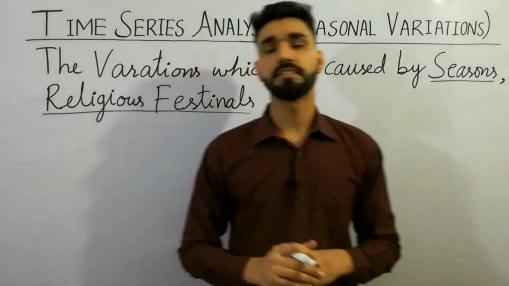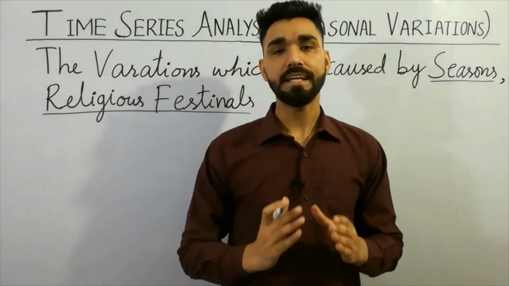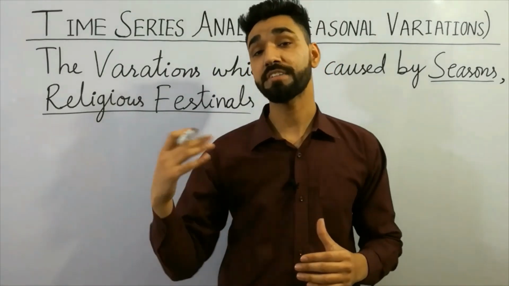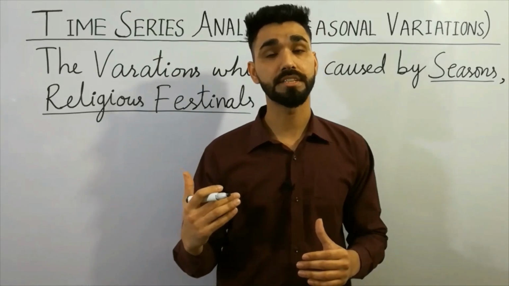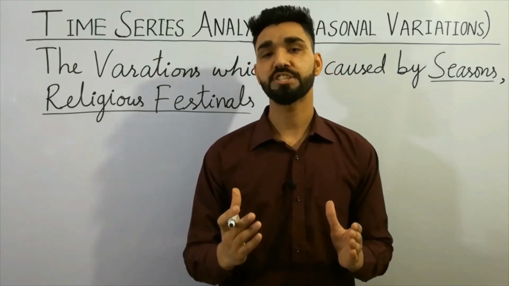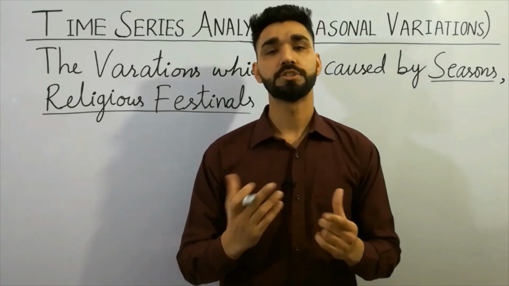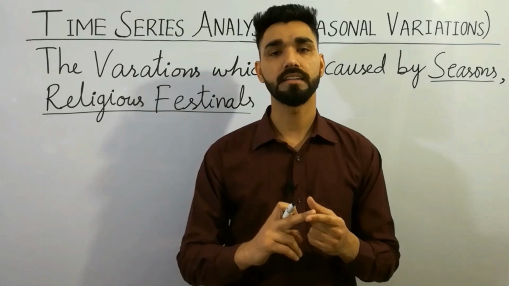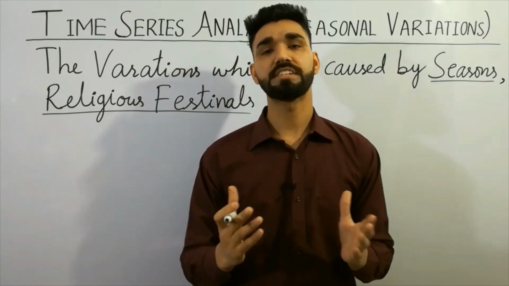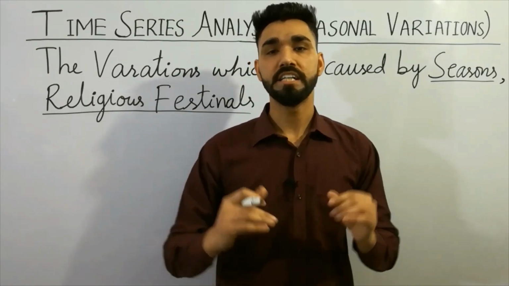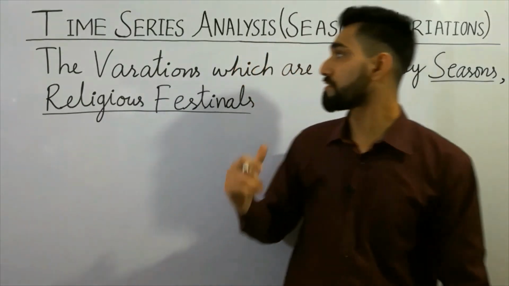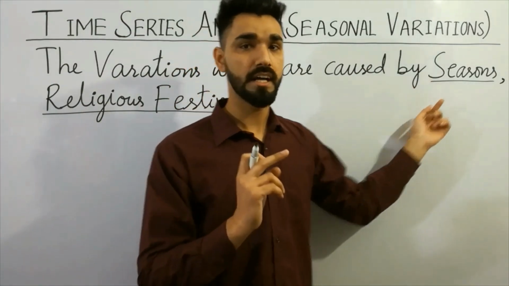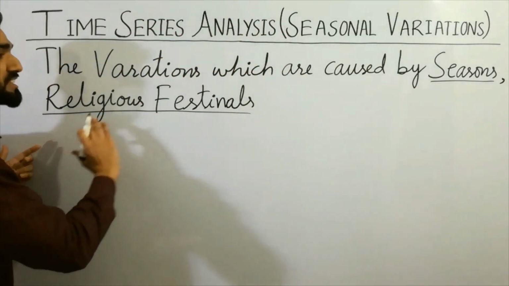For example, we have religious festivals in the past year, 2022. We have many festivals. We enjoyed Eid ul-Fitr, Eid ul-Azha, Diwali, Christmas, all festivals. That is part of the definition of seasonal variation. So first is seasons, and next is religious festivals.